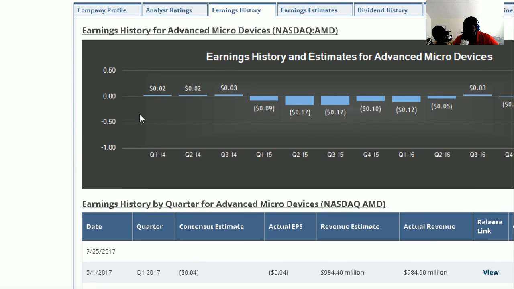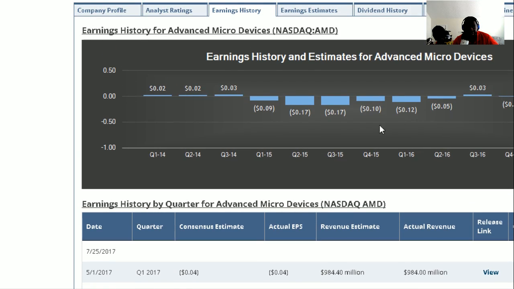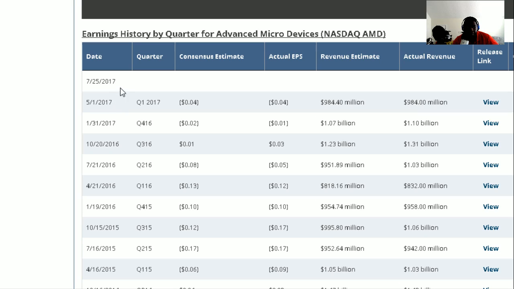As you can see here, AMD's kind of turned around recently. These last few periods have been so-so. They've met expectations on earnings. So let's scroll down and boom, look at this. Next earnings is July 25th. Now, you're going to have to make sure you verify that. Every time you get information, especially when we talk about projections, you want to verify that on NASDAQ.com or even the company's own website, or simply by sending an email to the Investor Relations Department.